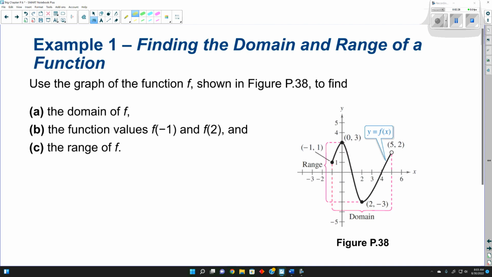And the range is going to be all the values from 3 to -3, going up and down. And when we talk about the function f of -1, where x is -1, we look for the y value, which is 1. And at f of 2, the y value is -3. We're just looking at those points. Questions on this here?